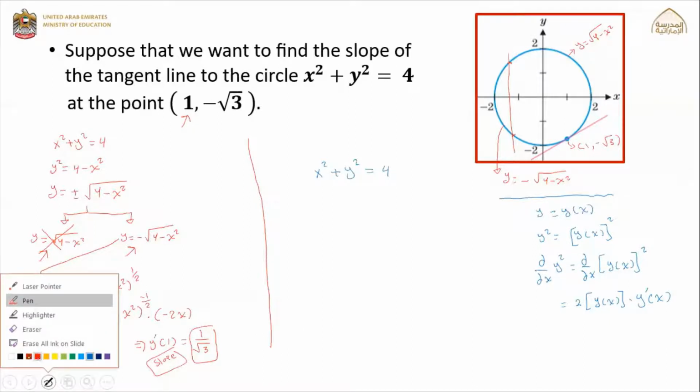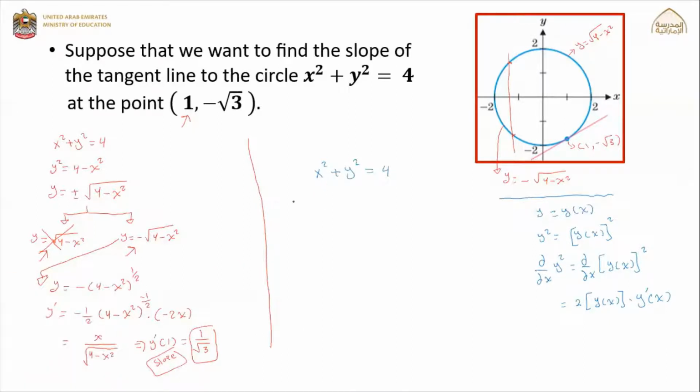So when I find the derivative of both sides, d by dx for x squared plus y squared equals the derivative of the right side, which is 4.